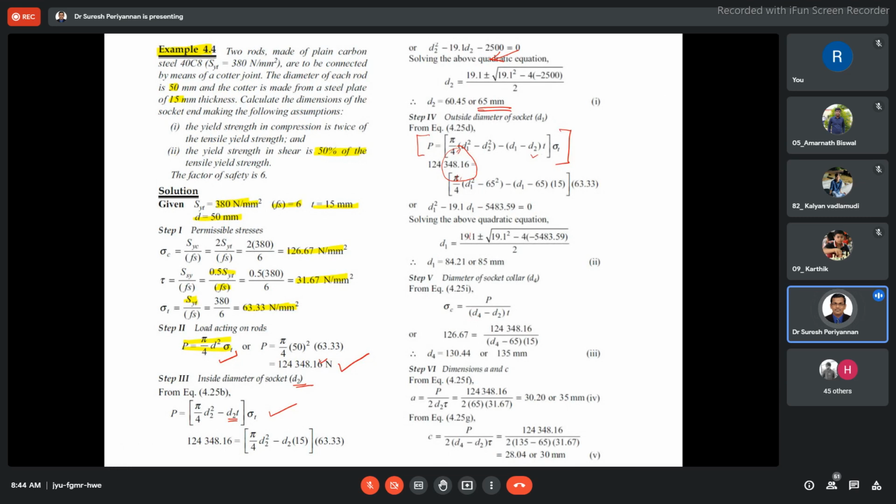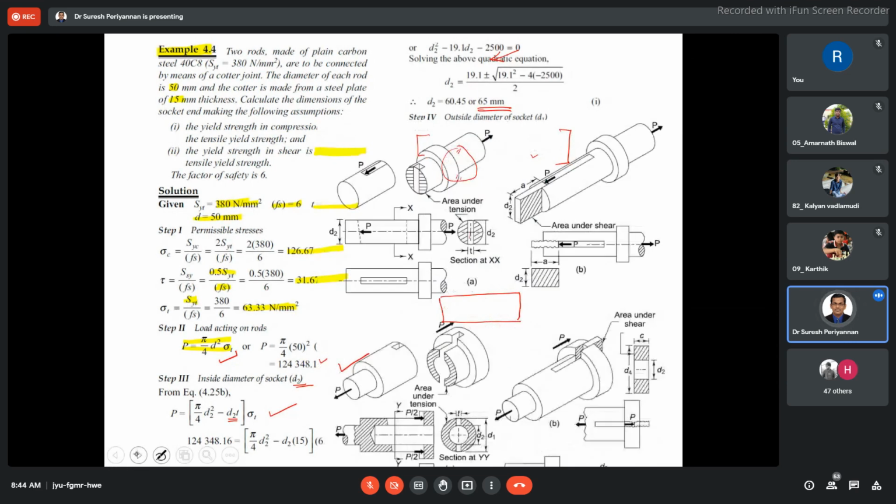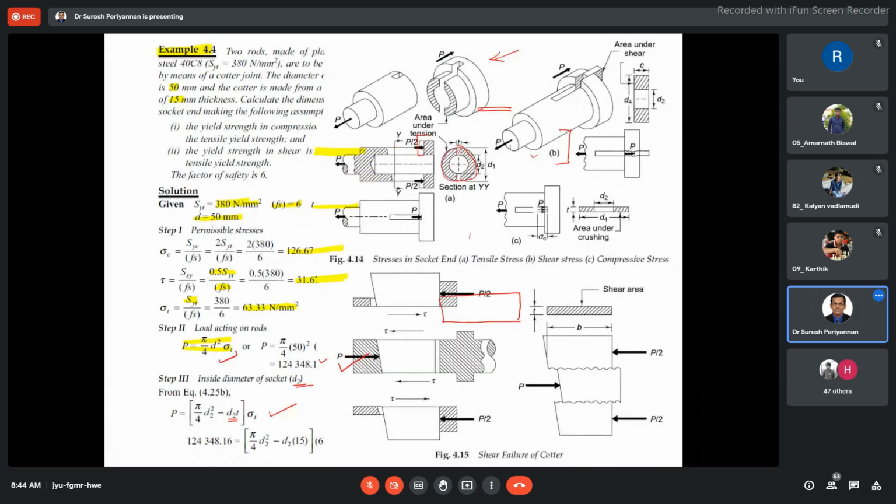I come to the same figure, 4.14c, crushing failure of the socket end. Crushing is going to happen in this region.